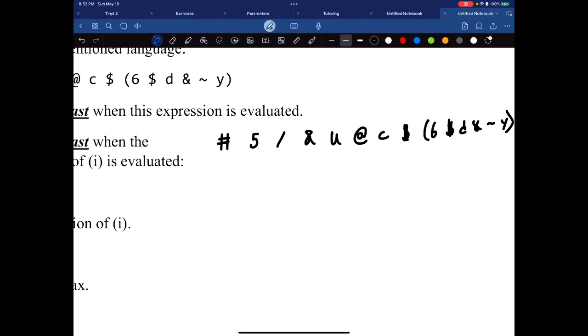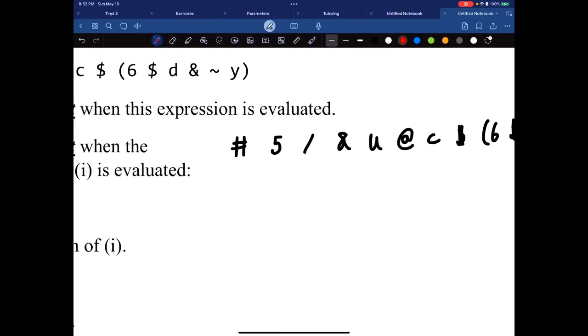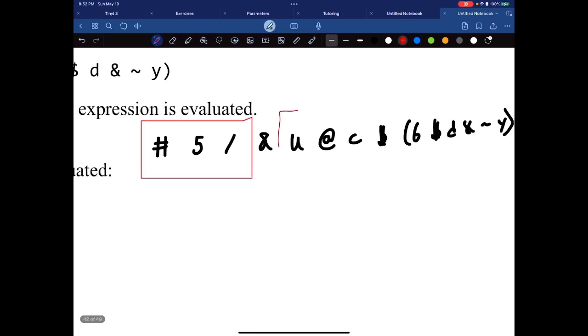Remember, we said that the ampersand is going to be applied last. So that's going to look like this and this.